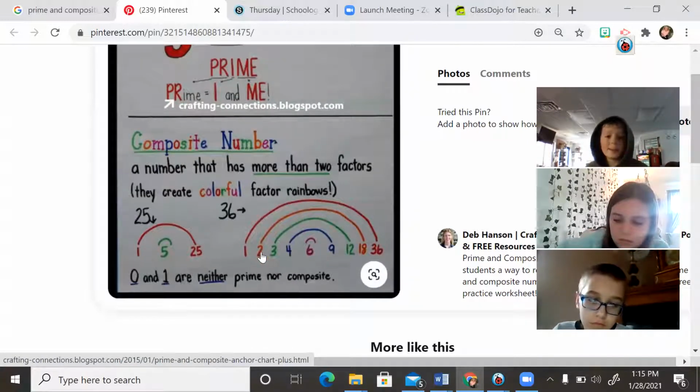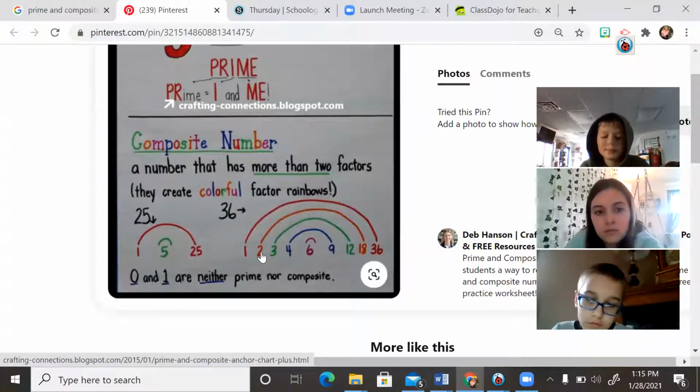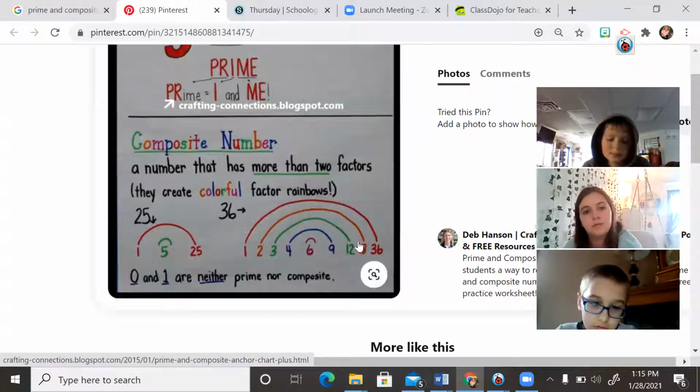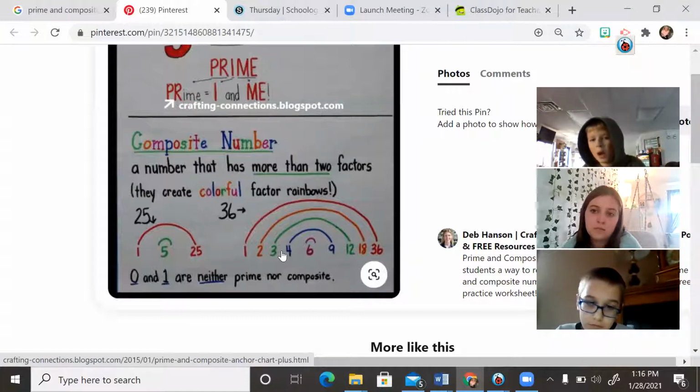Okay, Brian, keep going. 2 times what equals 36? 18. Good. 2 times 18. 3 times what equals 36? 12. They're connected. 4 times what equals 36? 9. Very good. One more.